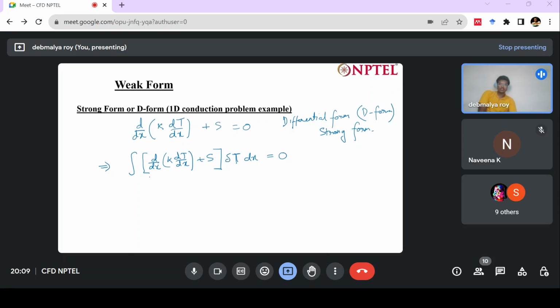Because this whole term is already equated to 0. If you simply put the integral of 0, it will be equal to 0. So there is no problem.